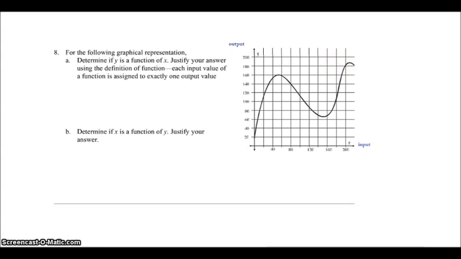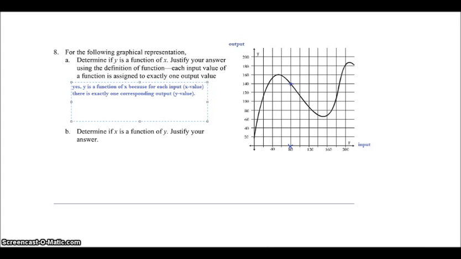For example, if we pick this input value here, 80, then here's the function value, it's 140. Notice there's only one function output. There's not more than one. So this is a function. So yes, y is a function of x because for each input x value, there is exactly one corresponding output y value. Next, determine if x is a function of y.